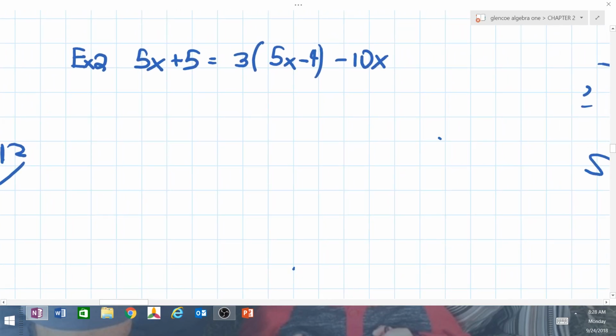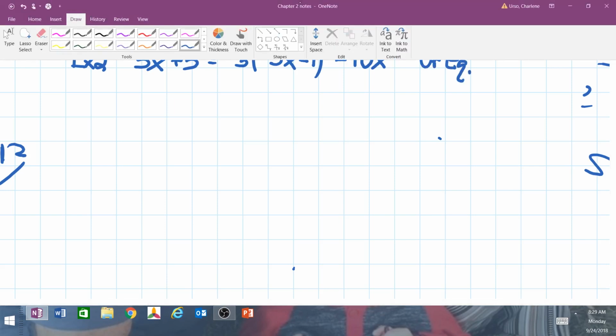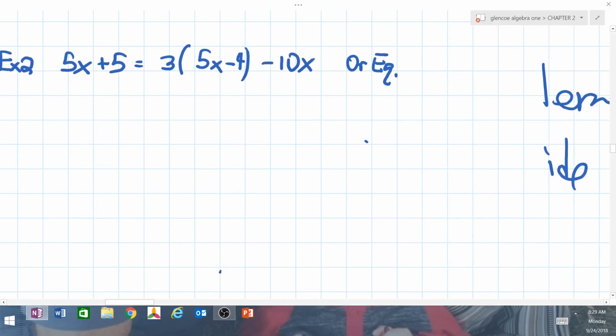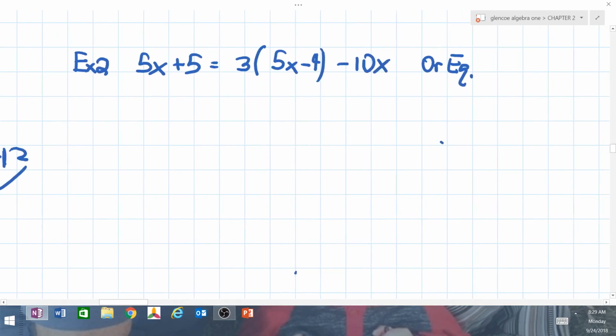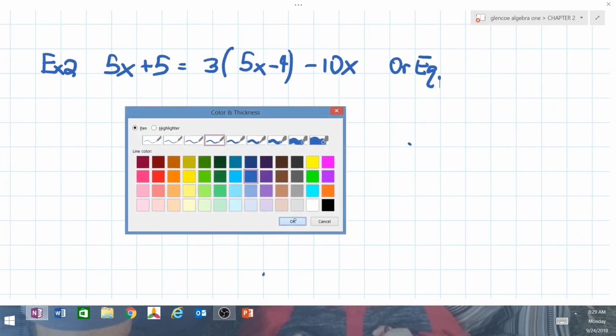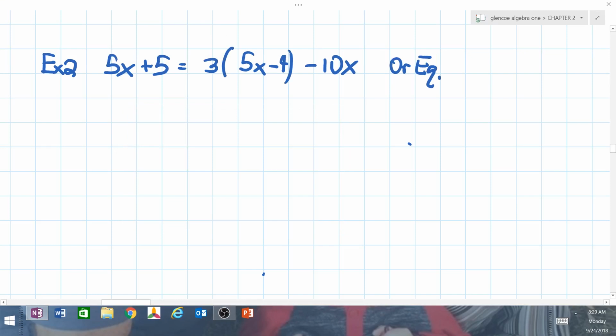So this is your original equation, and it's in your notes. So 5x plus 5 equals 3 times the quantity 5x minus 4, end parentheses, minus 10x.